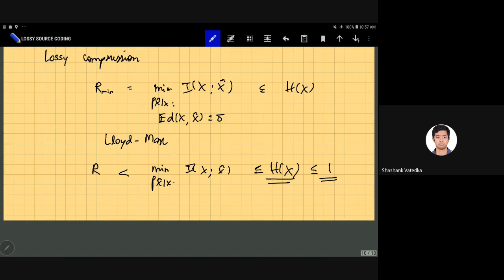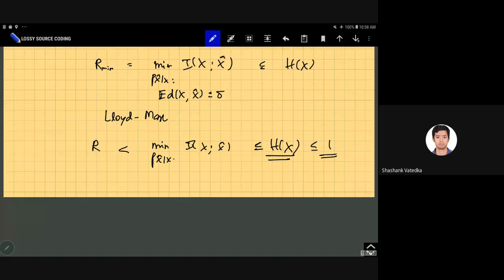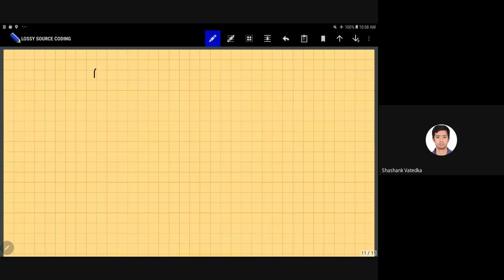Any other questions? So the rate distortion curve, it will be a convex curve. Yes. So the rate distortion curve turns out to be convex. So you have the rate versus the distortion, delta.